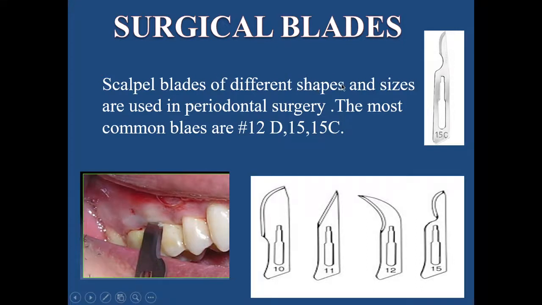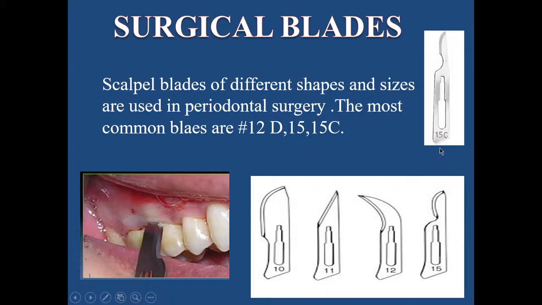Scalpel blades of different shapes and sizes are used in periodontal surgery. The most common is blade number 10, used for extraoral incisions, blade number 11 for stab incisions, and number 12 for inaccessible areas, and the 15 is the most commonly used in intraoral surgeries.